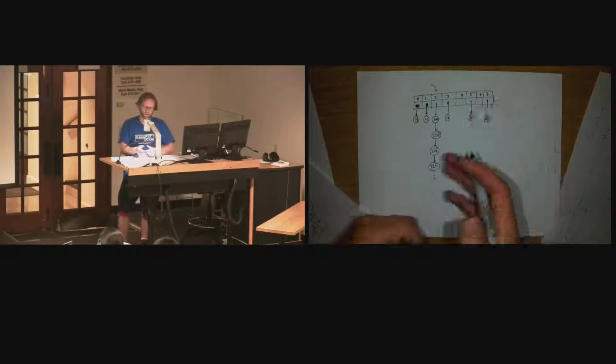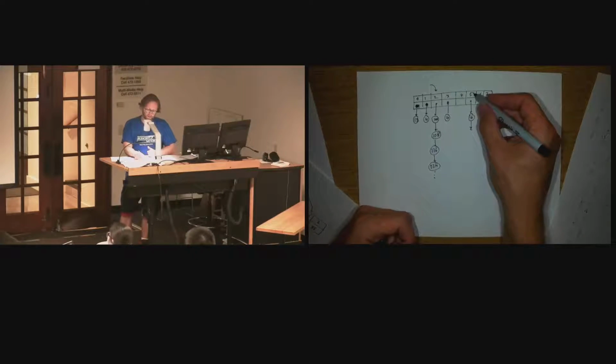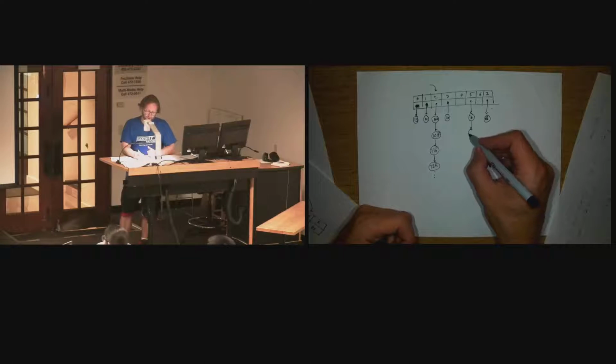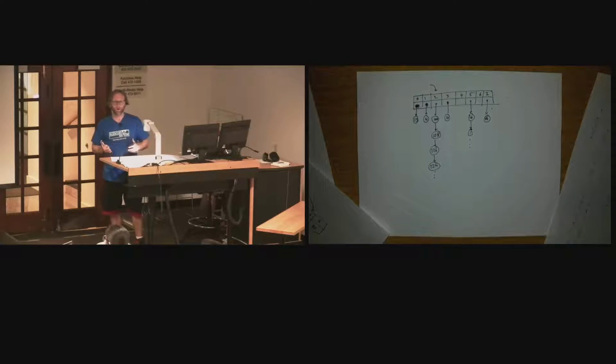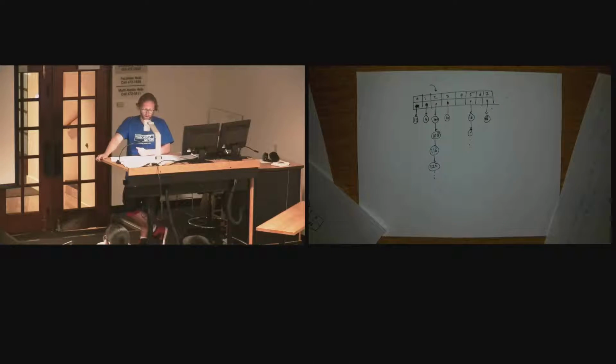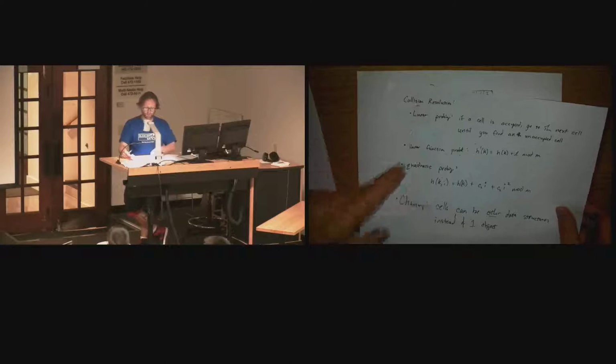And if you get something that hashes to 5, you can go ahead and add that. In other words, all of these become a bunch of linked lists. Now that is one way of doing collision resolution.